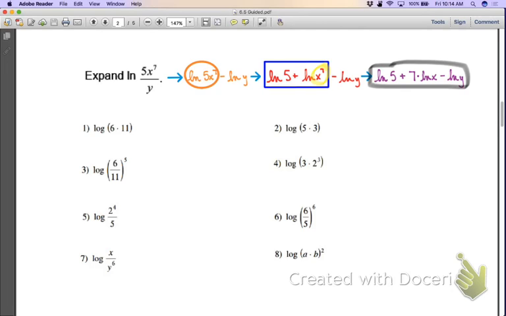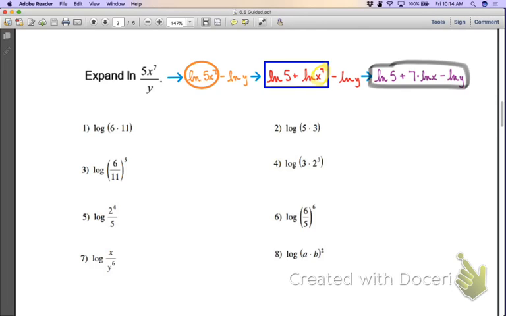The only time an exponent will go out in front of two parts is when everything is getting taken to a certain power. Like on example 3, where I have log of 6 over 11 all to the 5th power. You can do these many different ways.